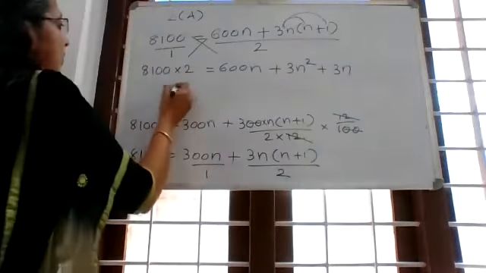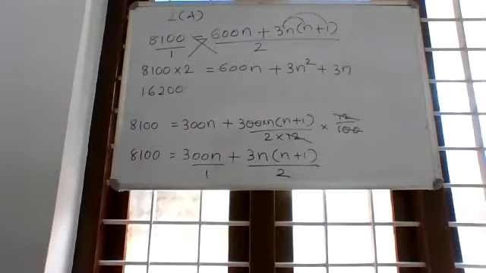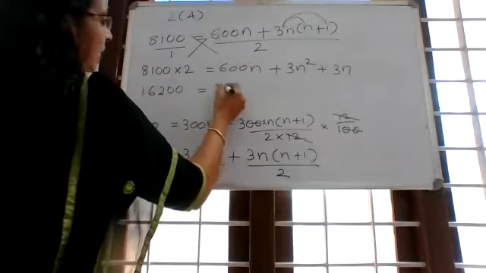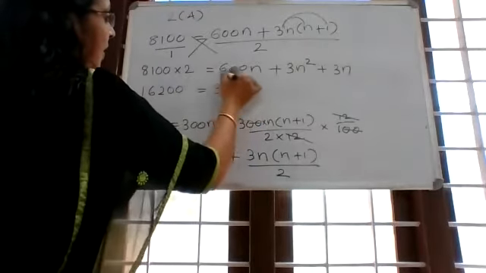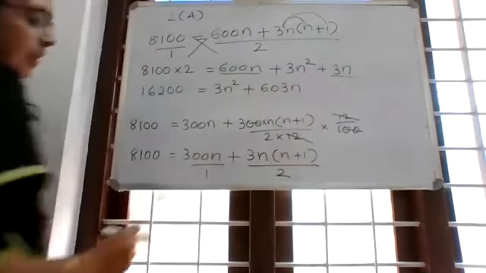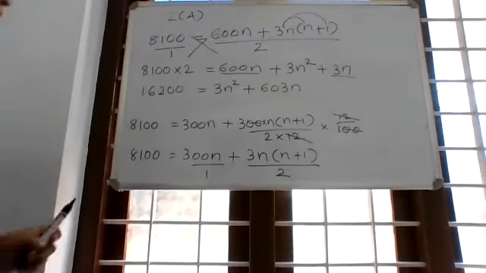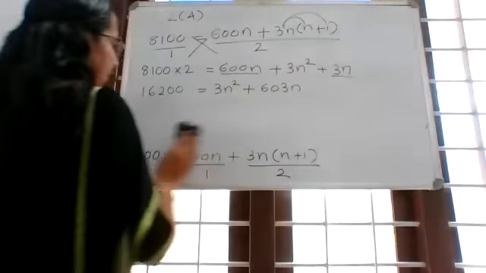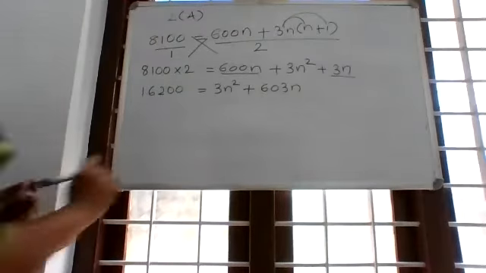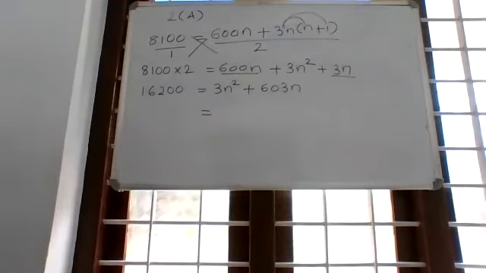So it will be what? 16,200 is equal to, first we can write 3n square, then plus 600n and 3n will be 603n. Next step what? We can rearrange that. Write that equal to symbol same like that way.